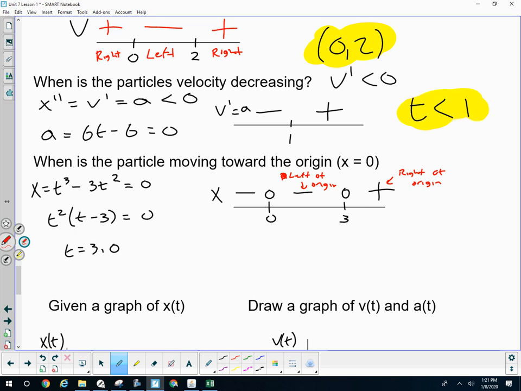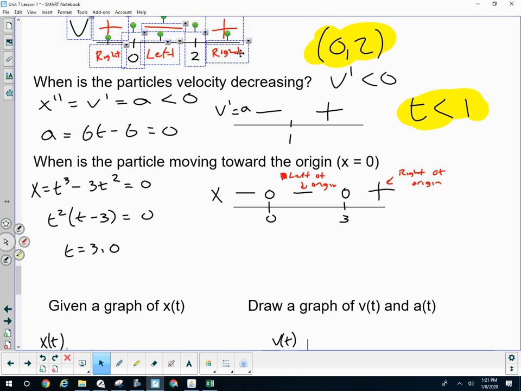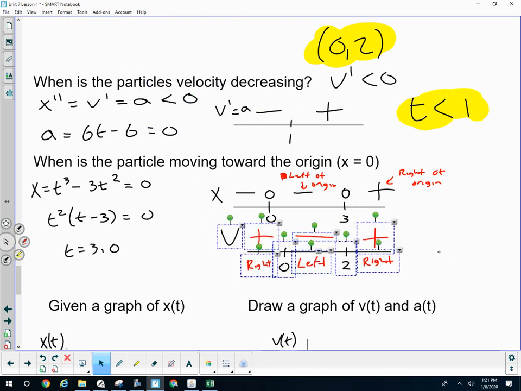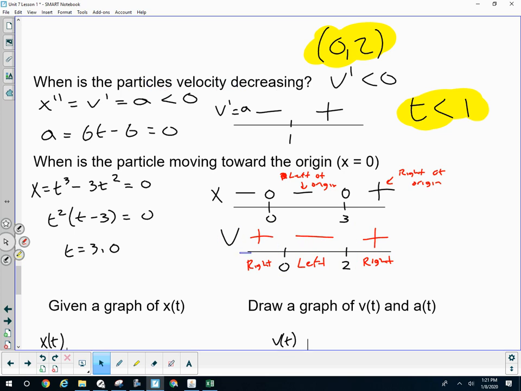And I also have my velocity, which is up here. I'll just throw down here. Please answer the question now.